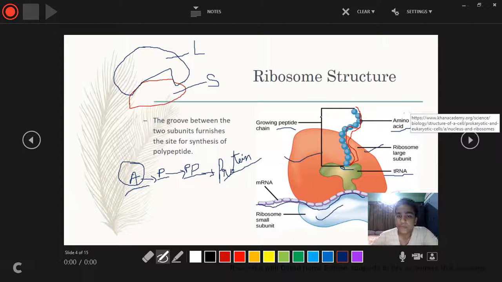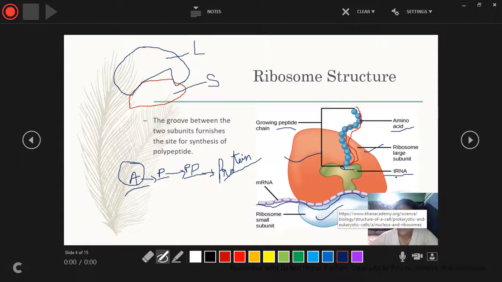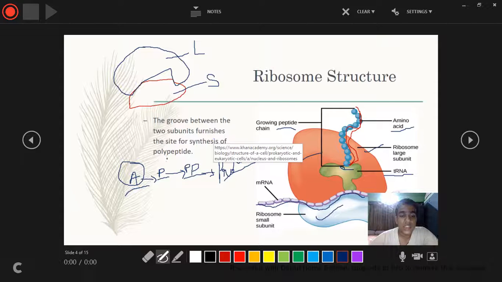Okay, so this is a chain of mRNA and this is tRNA. Nothing more you need to know. The groove between the two subunits furnishes the site for the synthesis of polypeptide. This is a groove. Groove, you understand? I hope you understand. Groove means where friction is created. That is physics part. Due to grooves and ridges, only friction is created, but that is not it. Groove means any interaction part.